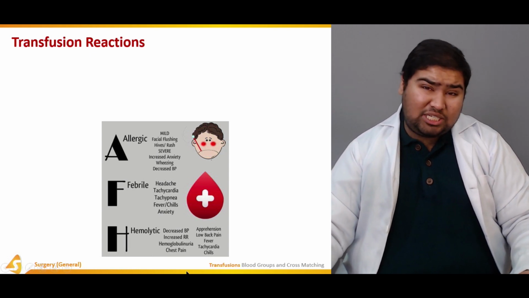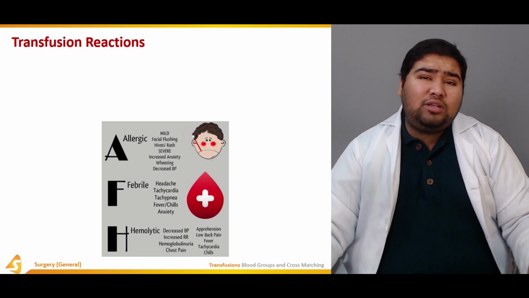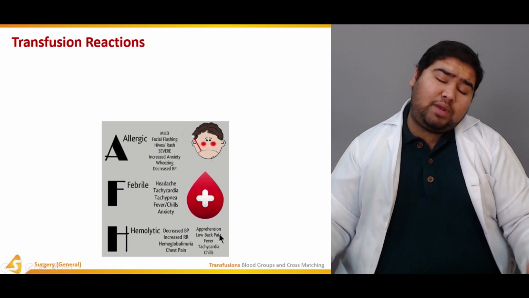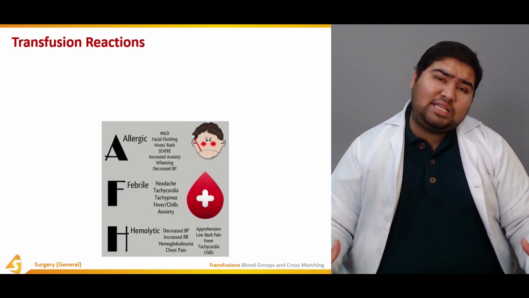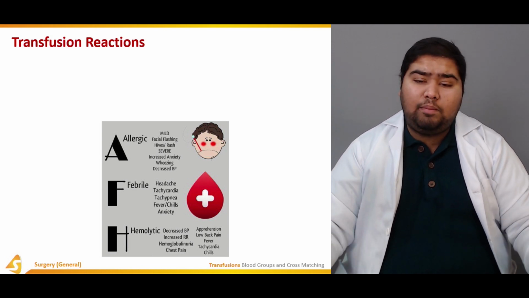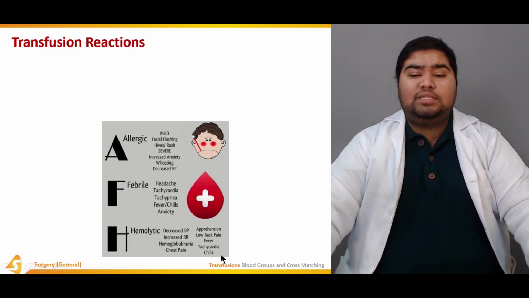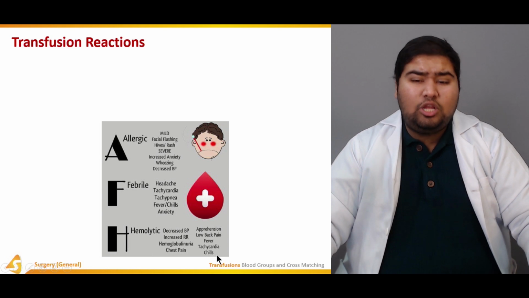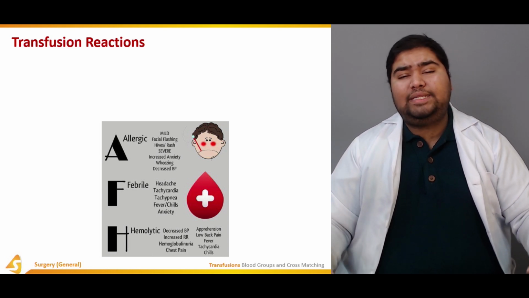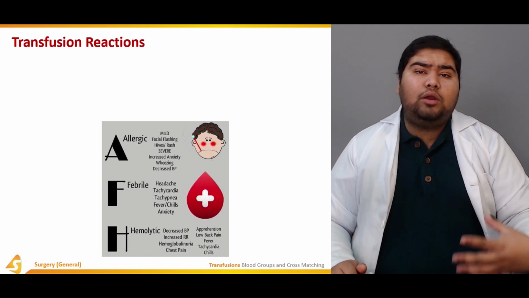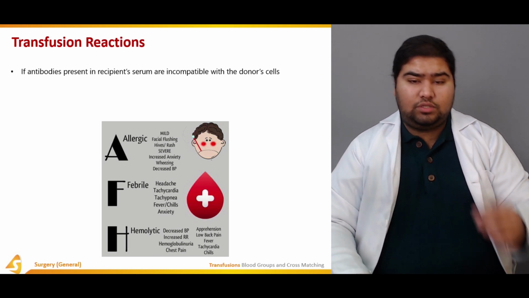There can be chest pain due to hypoxia to the cardiac muscles. There can be apprehension. Apprehension is a feeling of anxiety that develops with lowering blood pressure. There can be low back pain, fevers, tachycardia, and chills. So these are a few types of transfusion reactions that can occur with blood transfusions.